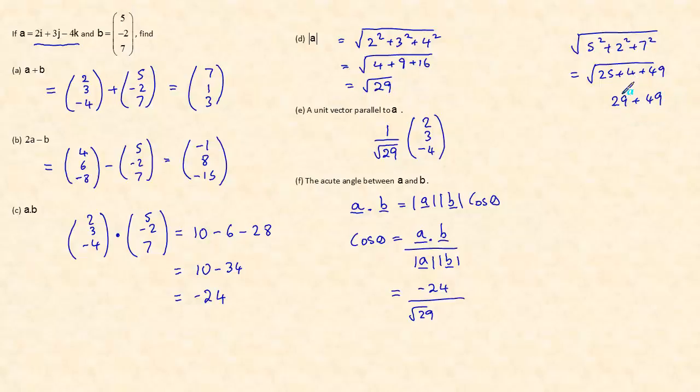So if we add 50 and 30, we get 80. So this one must be 78. So this would be root 78. And so theta is going to be the inverse cosine of negative 24 over root 29 root 78.